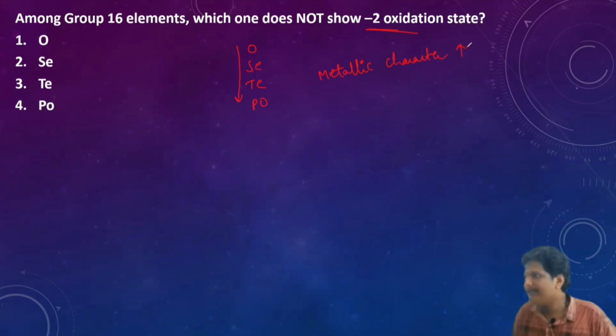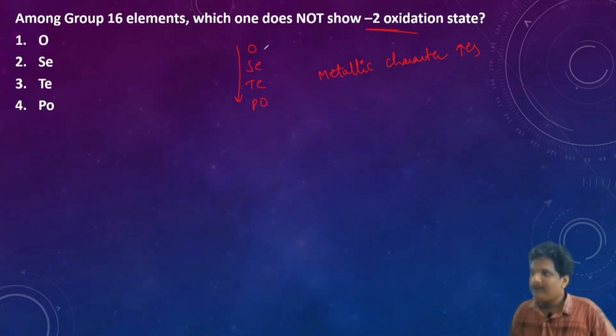If the metallic character increases, the tendency to exhibit -2 oxidation state will decrease, and the positive oxidation state will increase.